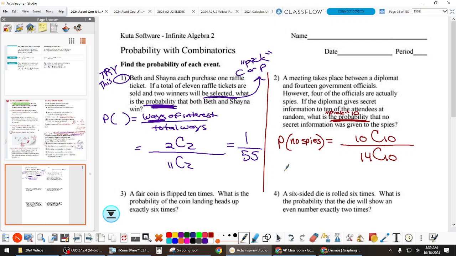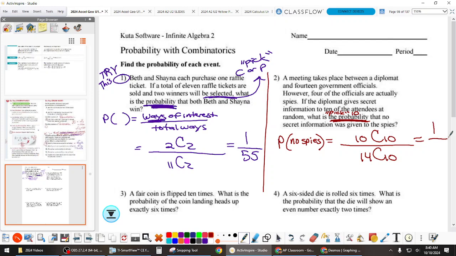So, there's 4 spies, so we take those out, and then we can only tell the 10 officials. Good. And we have to pick 10 people, so we're going to have to hit it right on the nose of picking just them, right? Well, how many ways can you pick 10 out of 10? Order doesn't matter. Just one.